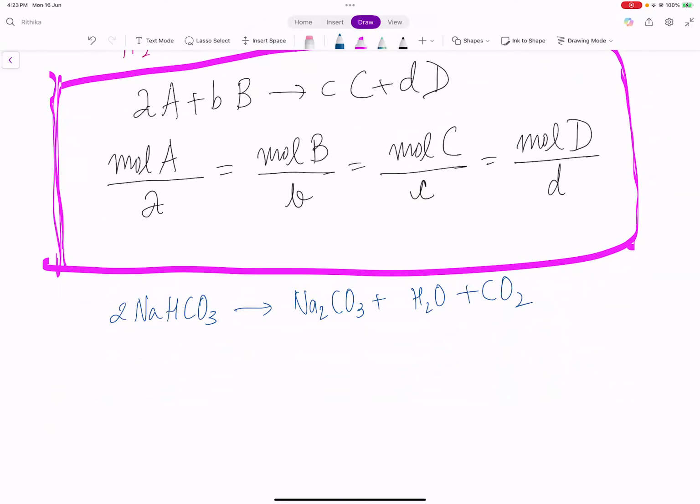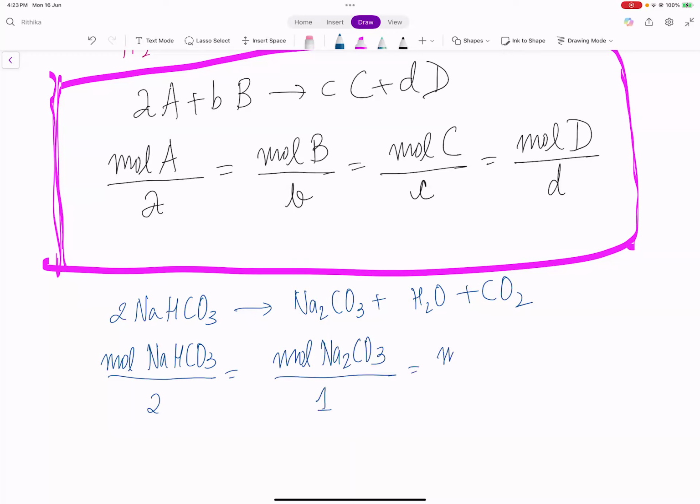And for this, we can write mole of NaHCO3 divided by 2 will be equal to mole of Na2CO3 divided by 1, equal to mole of H2O divided by 1, equal to mole of CO2 divided by 1.